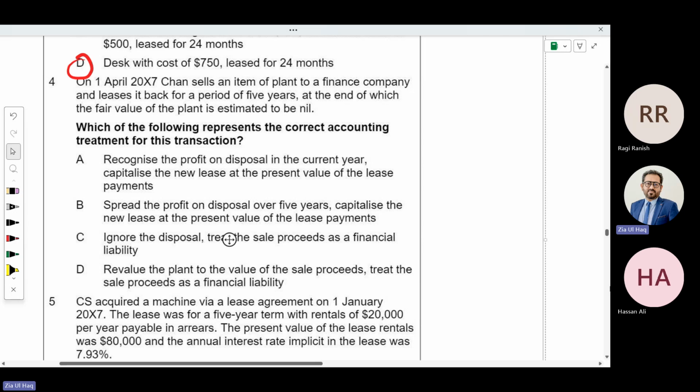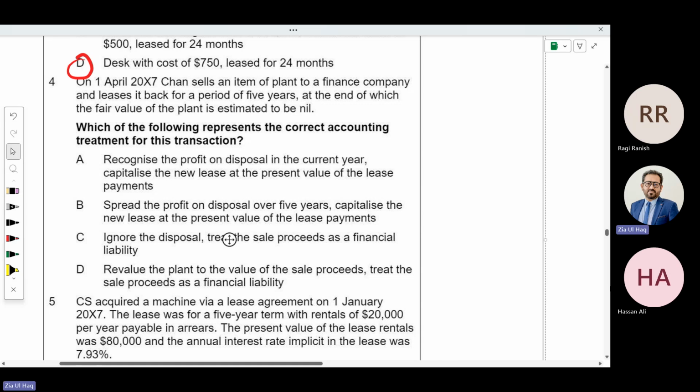Revalue, why revalue? Option A, B is not there because it's not sale and lease back. What is option C? Ignore the disposal.